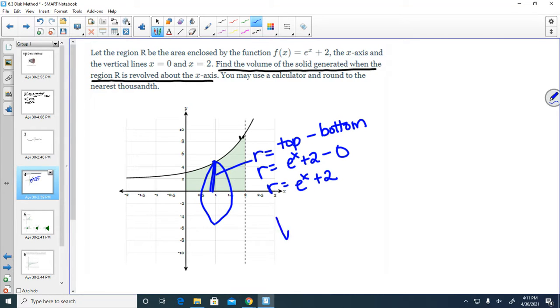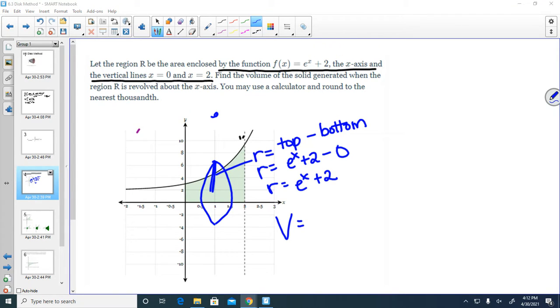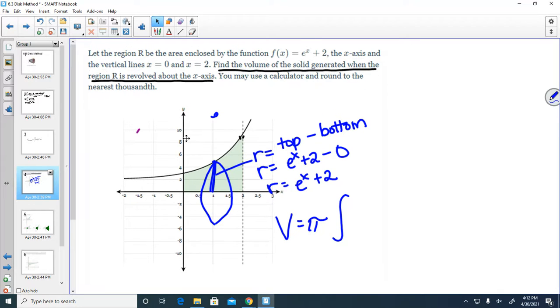So when I go to find my volume, I'm going to take pi times the definite integral. My picture got thrown off just a little bit here. Definite integral from 0 to 2 of the radius squared dx.